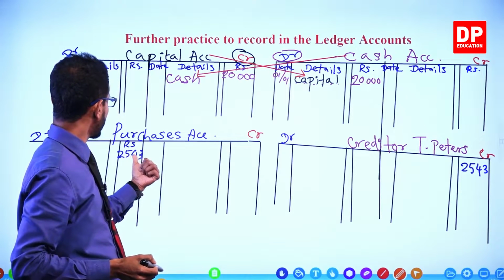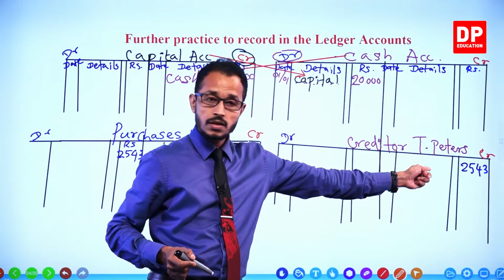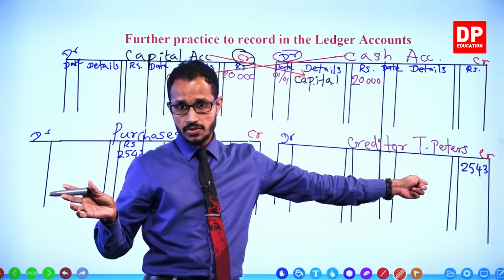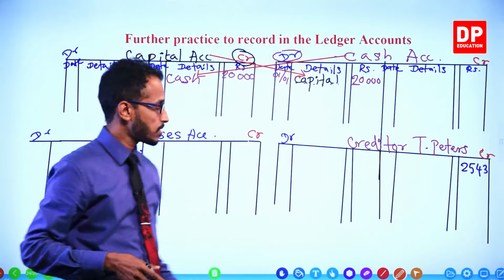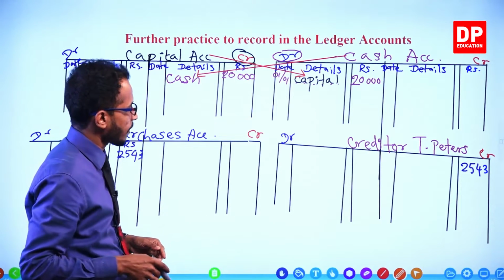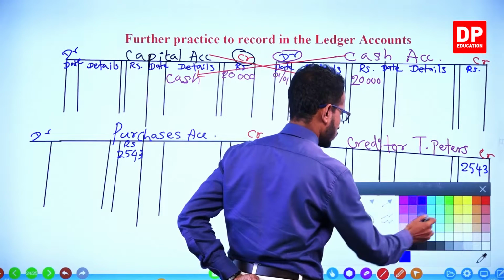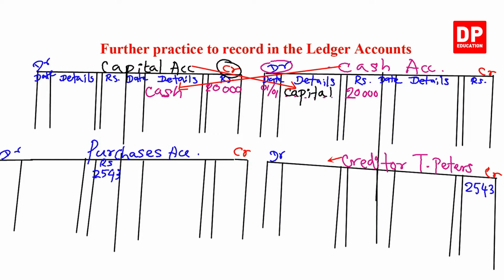This amount which was debited, now it is credited. Okay, double entries, credited, debited. Putting the description. This name goes here.